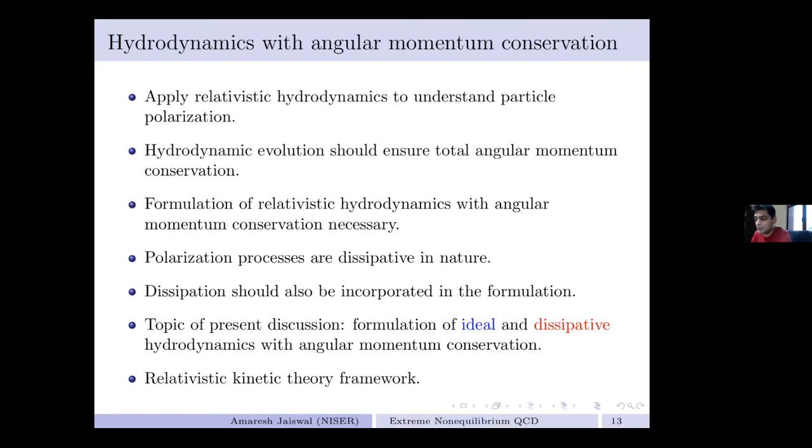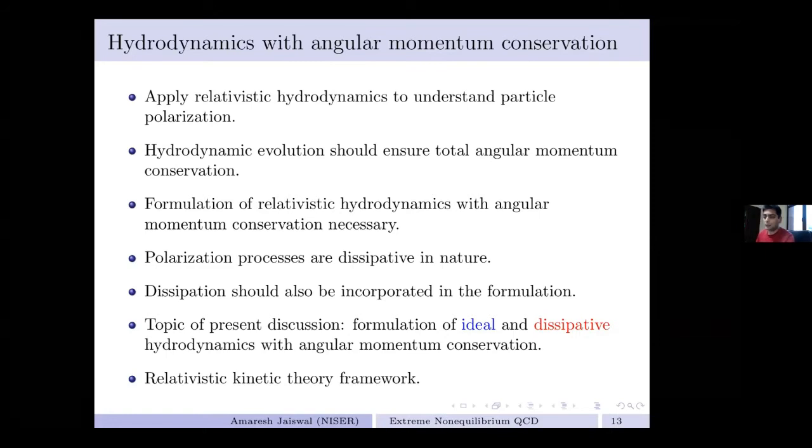Okay, so that is the motivation for why one should look into angular momentum conservation in heavy ion collisions explicitly. We will also see in more detail what it actually means, and why it is not automatically conserved by the conservation of the energy momentum tensor. So we want to apply relativistic hydrodynamics to understand particle polarization, and hydrodynamic evolution should ensure that total global angular momentum is conserved. This formulation would therefore require that total angular momentum conservation be necessarily fulfilled.